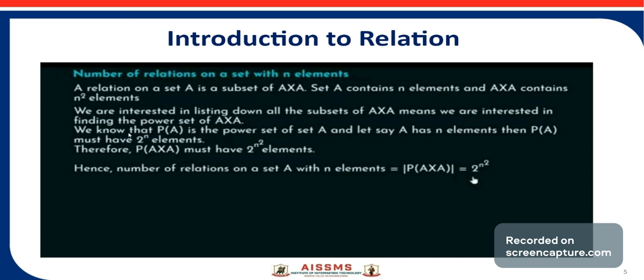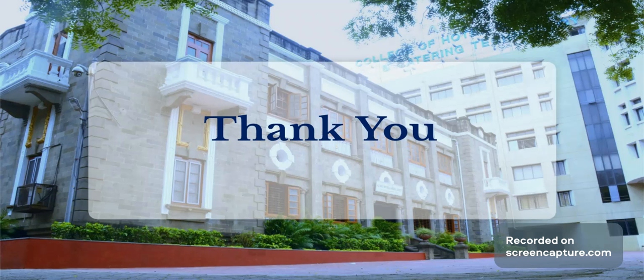So, because of this, the power set of A cross A must have 2 raised to n square elements. Hence, we can say that the number of relations on a set A with n elements is equal to the cardinality of the power set of A cross A, which is equal to 2 raised to n square. Thank you.